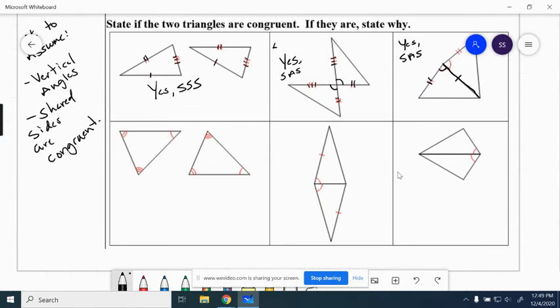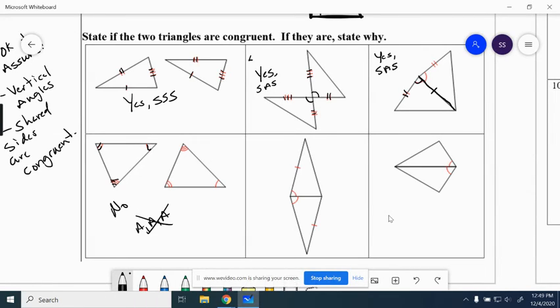All right, the next one here, we have angle, angle, angle. Okay, and they certainly look like they might be congruent, but we cannot prove that, so no. Angle, angle, angle is not a proof that we're using.